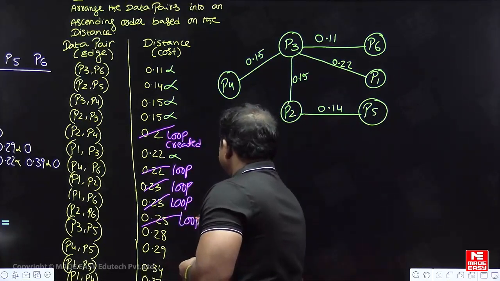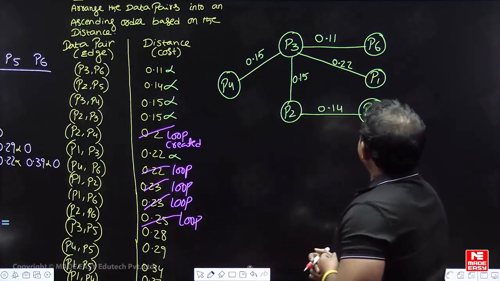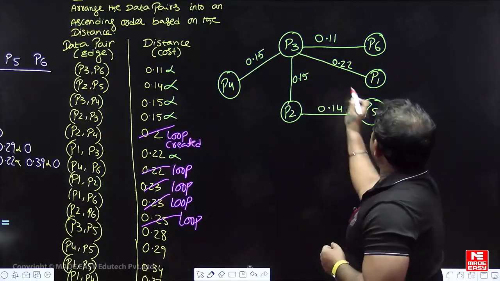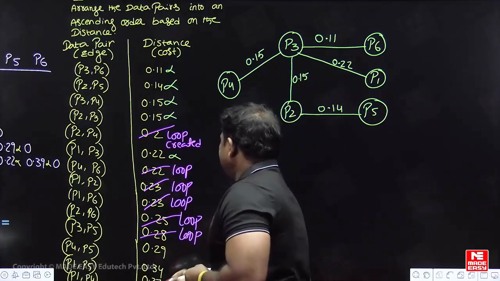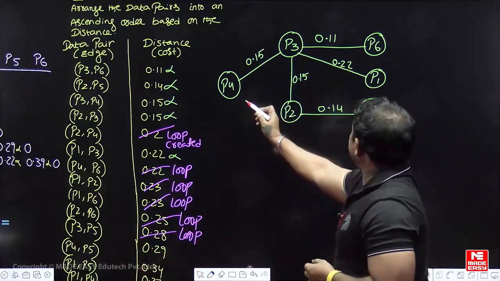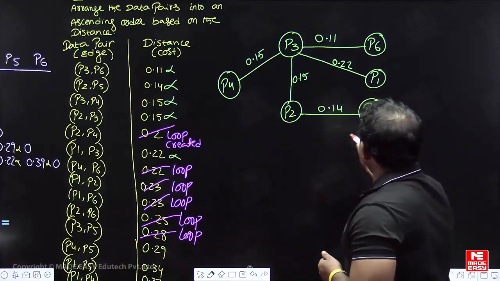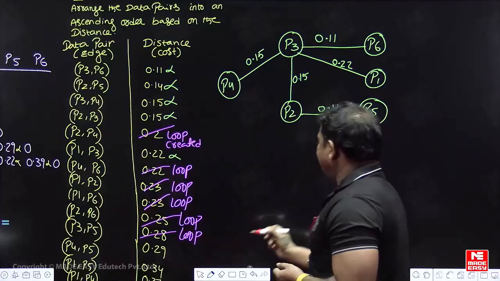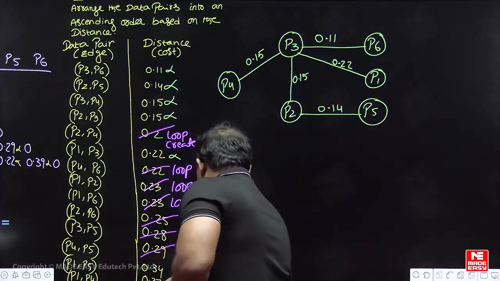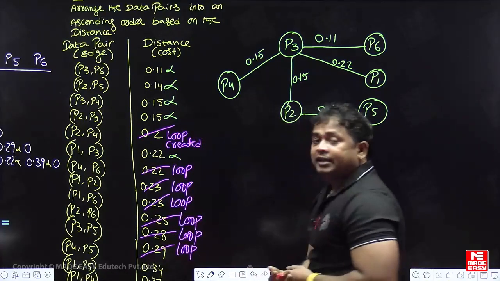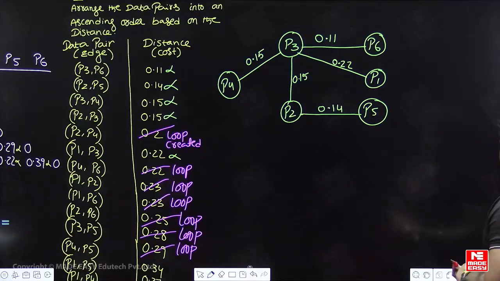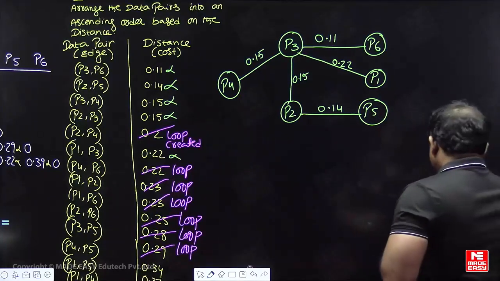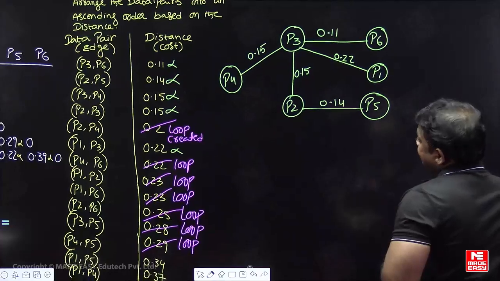P3, P5: loop formed. P4, P5: again a loop, don't connect. A characteristic of the MST is that there are no circuits or loops in the tree.